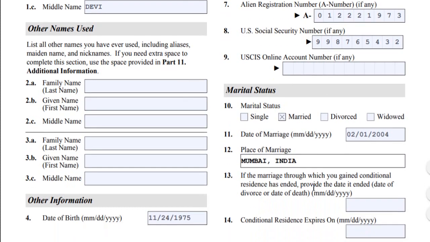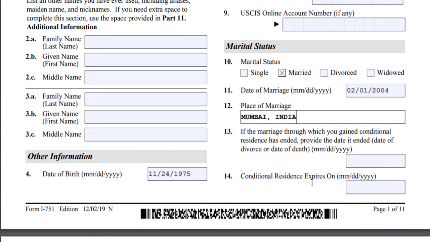If the marriage through which you gained conditional residence has ended, provide the date it ended. So this just applies to you if it's in your case. Date of divorce or date of death. If this is your case, you will provide that information there.